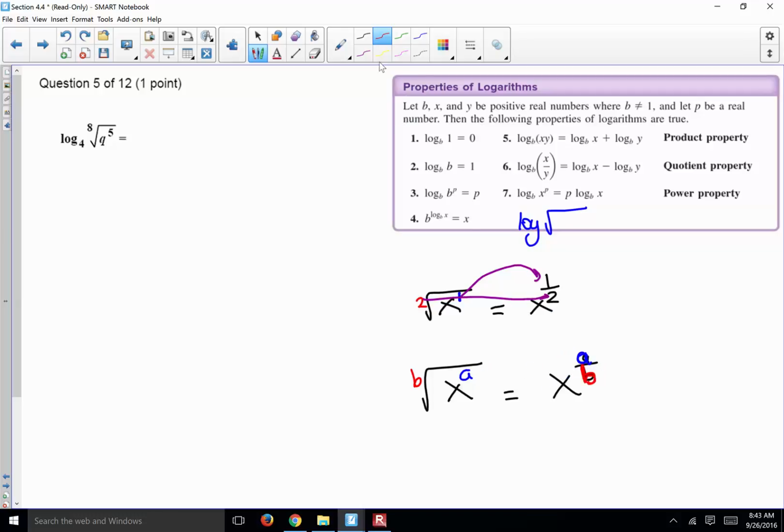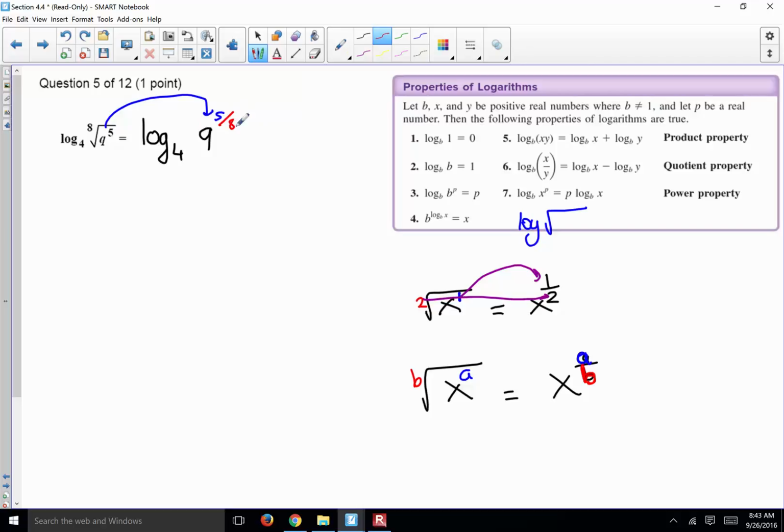Okay? Now, please use this to convert this guy. It's q raised to what power? 5/8.